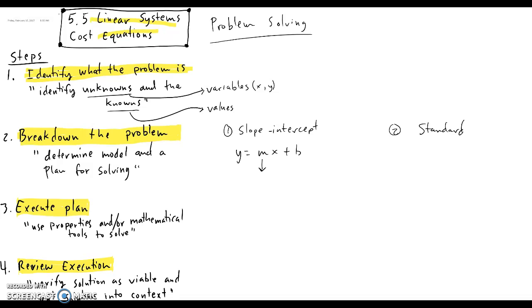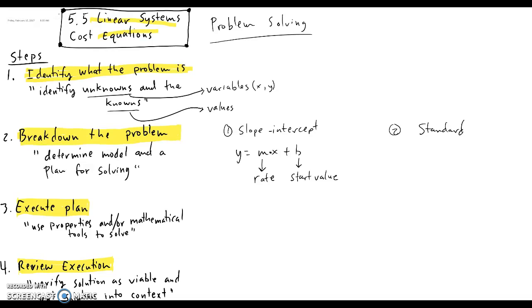M is our slope, but we refer to this as our rate because it's getting multiplied to x. Rates get multiplied. And b represents our y-intercept, but it represents our starting value in word problems.